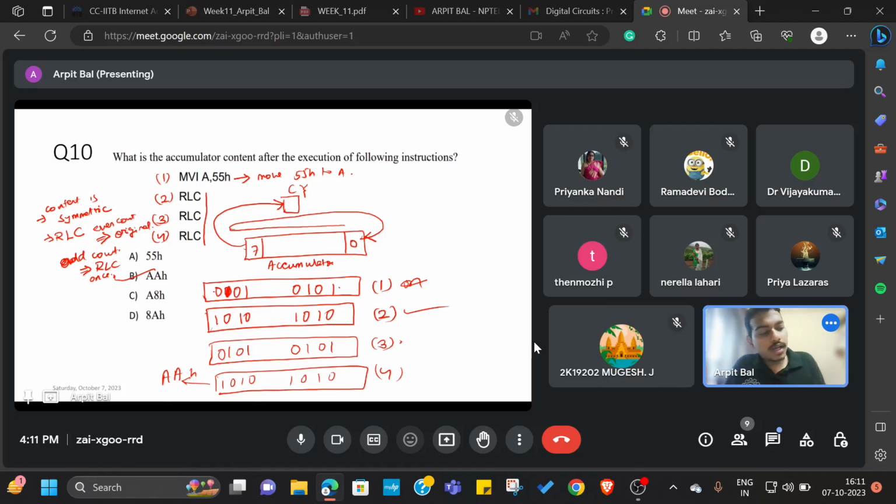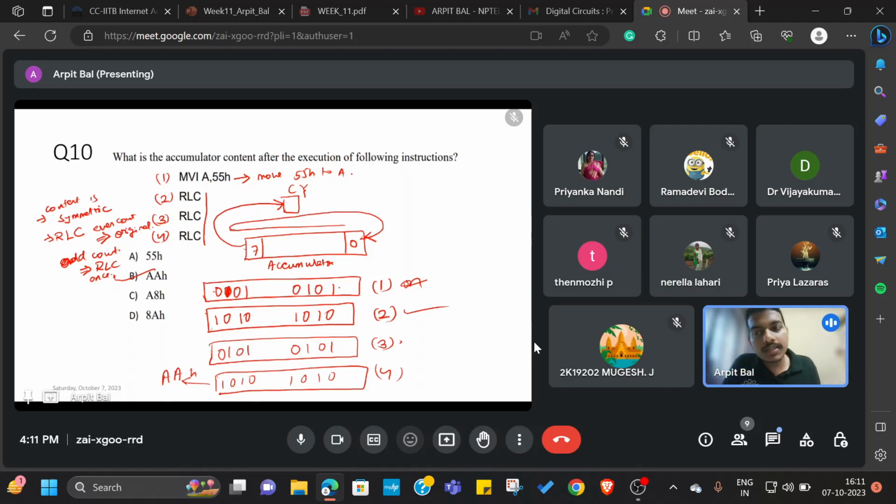Okay. And here we observed another thing: if the accumulator content is symmetrical and we are executing RLC, then if the total number of RLC executions is even, the initial content of the accumulator is the final content of the accumulator. If the total number of RLC instructions is odd, then we need to perform the RLC instruction only once.